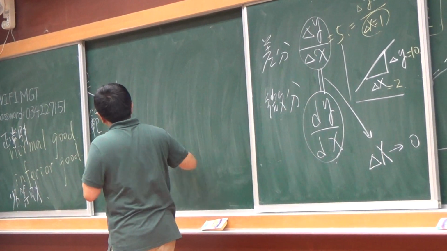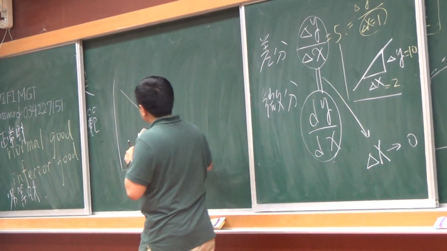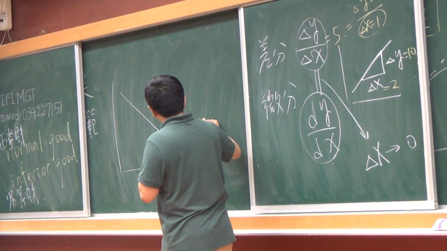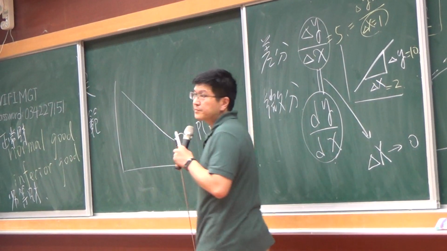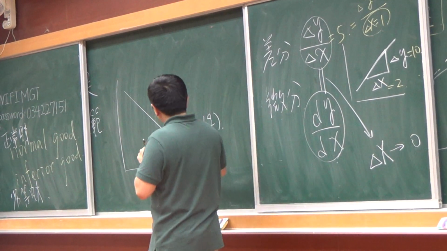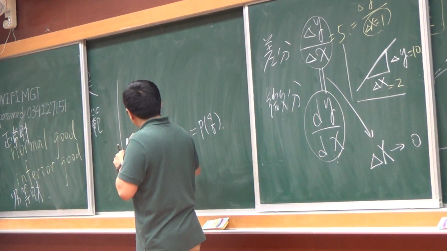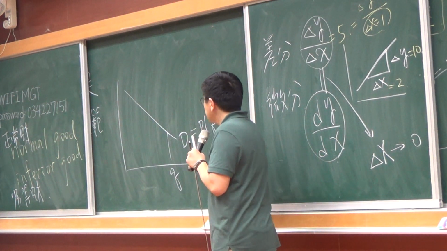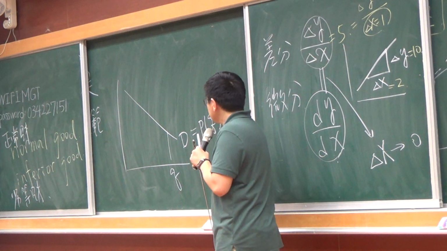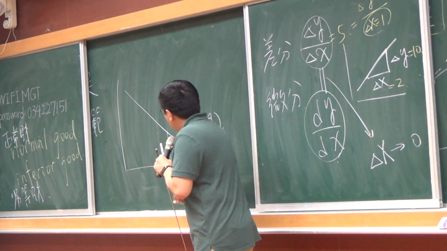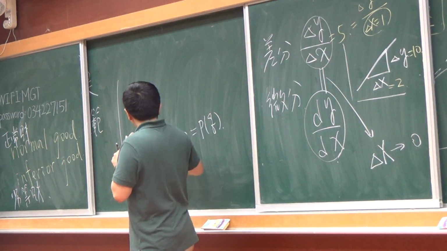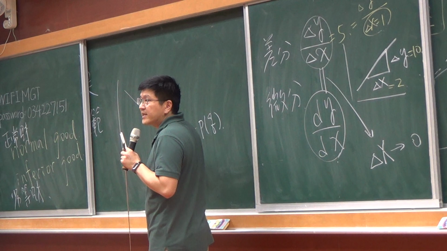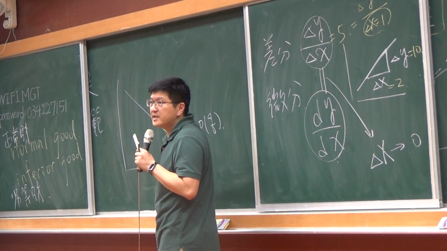Now, suppose we have a demand curve D, and we make it a function P of Q. So you know, when you want to buy a high quantity, you want to buy more, and only if the price goes very low are you willing and able to buy this many, right?